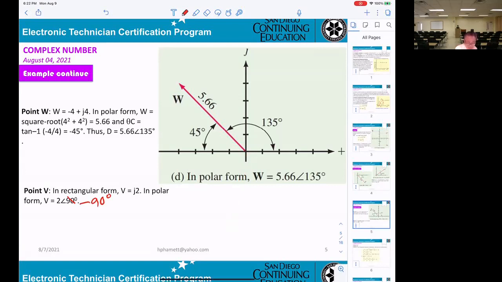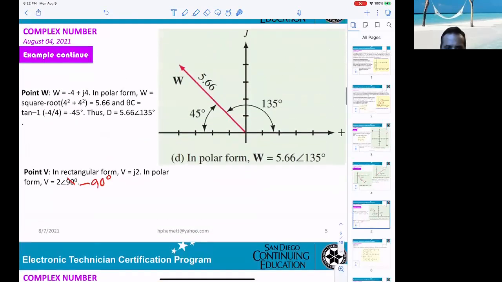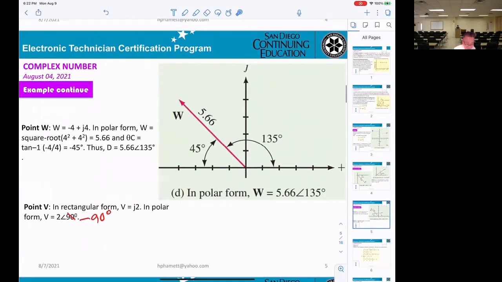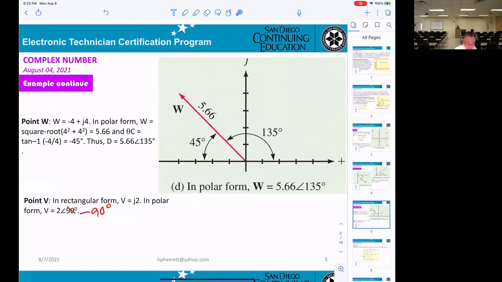Going up, 90. Going down, minus 90. Or 270. Normally when they go up, you get 90. When they go down, you get minus 90. Minus 90 is the same thing as 270.